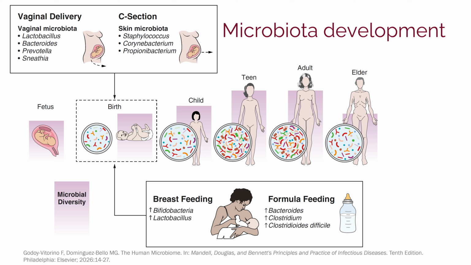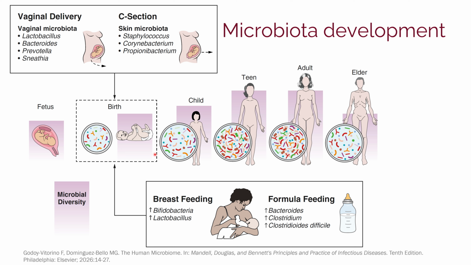In fact, the presence of bacteria in the amniotic fluid contributes to premature birth. Now, upon birth, this is where the human microbiome starts to develop. The first 1,000 days are crucial in developing a healthy microbiome. So that's essentially about the first 3 years of life when the microbiome gets set for life.